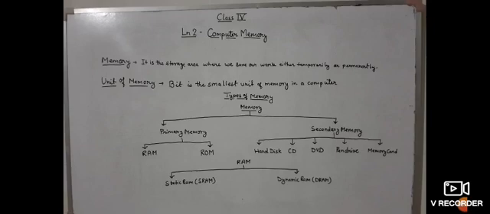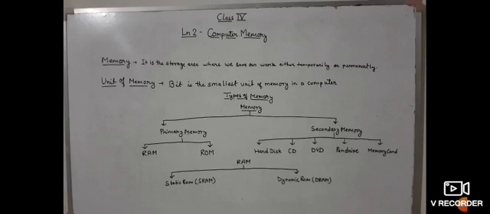Now let's come to the types of memory. Memory can be of two types, primary memory and secondary memory. Primary memory is also called main memory or internal memory, whereas secondary memory is called auxiliary memory or external memory.